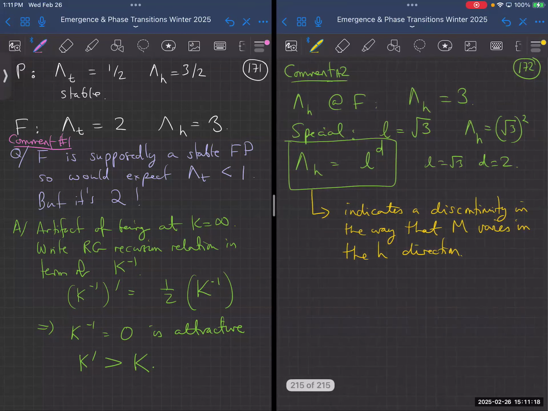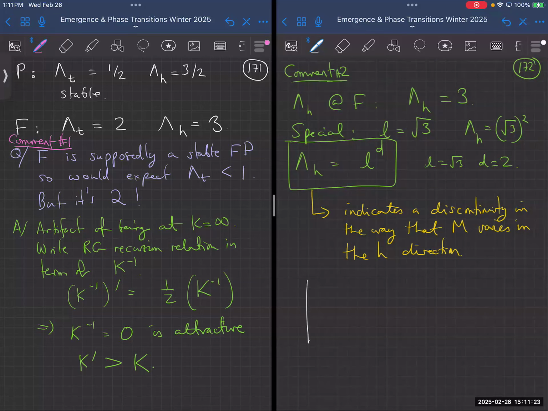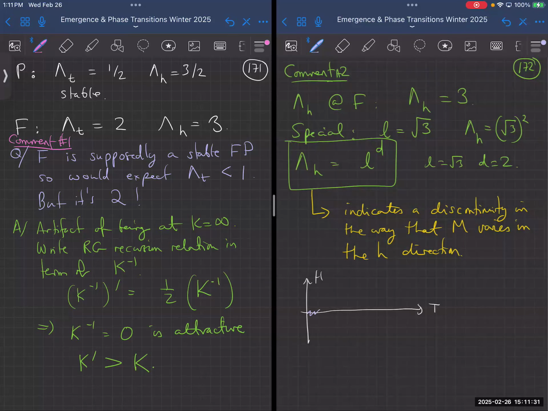And we know that's true because remember what our phase diagram is. Our phase diagram looks something like this. So here is temperature, here is h, and then there's a discontinuity along here.